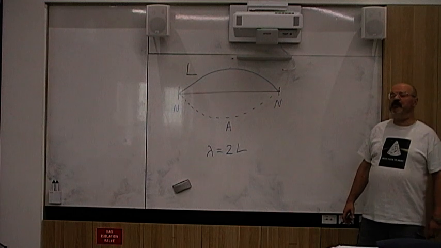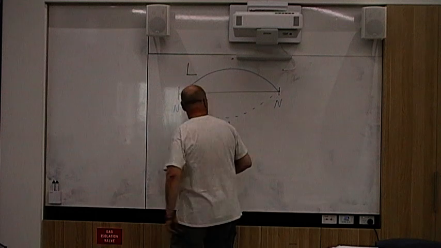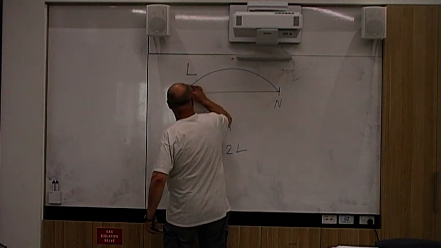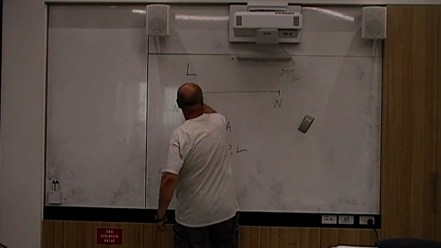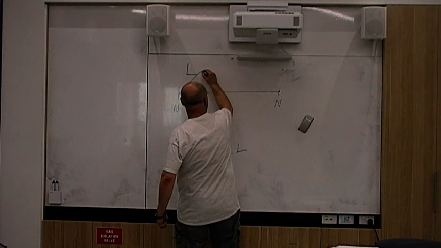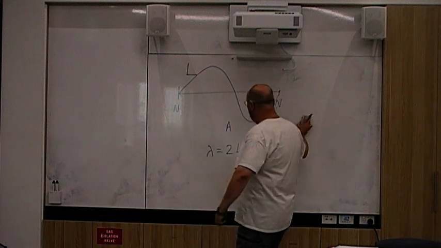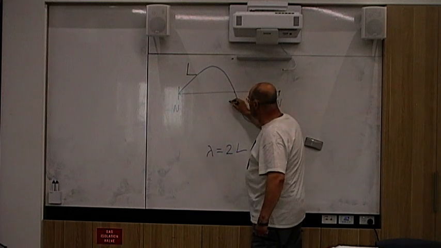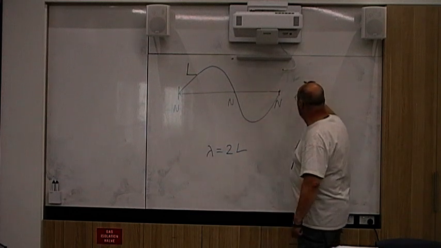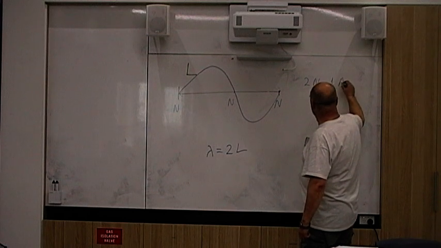What will be the next possible standing wave created in this string? It's like this, because at the ends we must have nodes. So we add another node. Before, we had two nodes and one antinode.